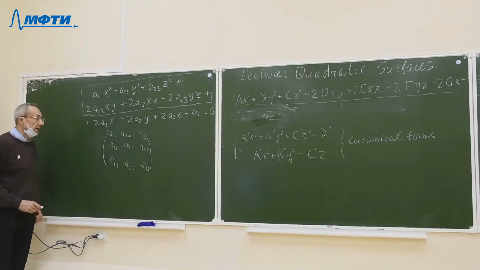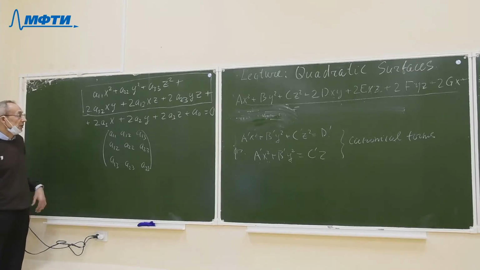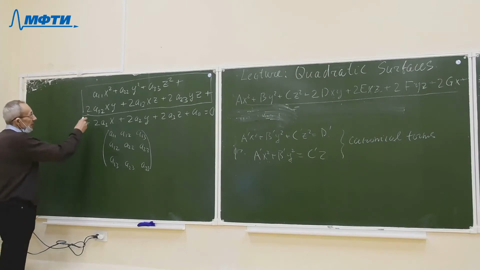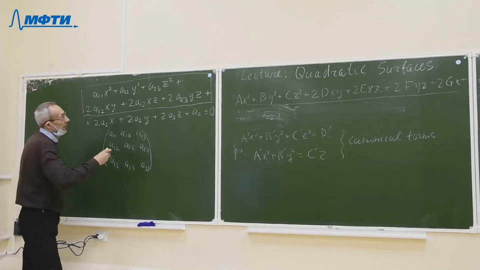This symmetric matrix is called the matrix of the quadratic form, which corresponds to our quadratic surface.